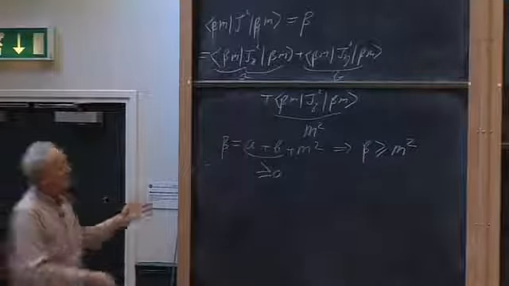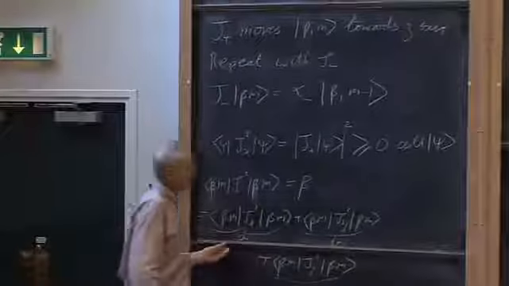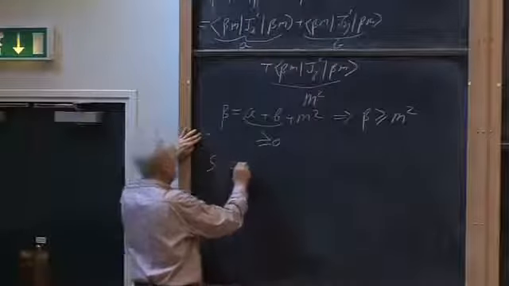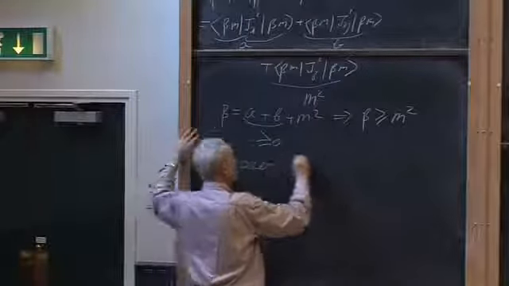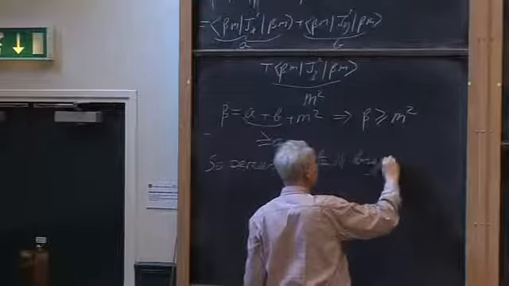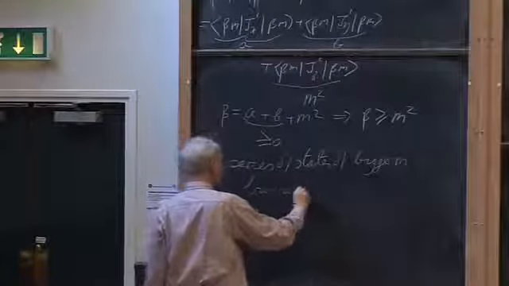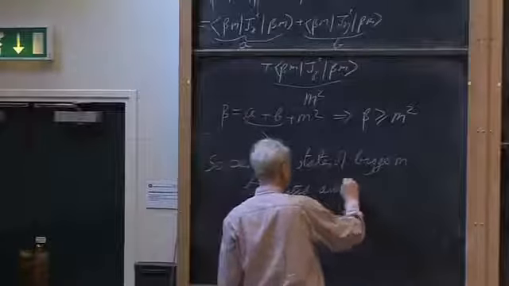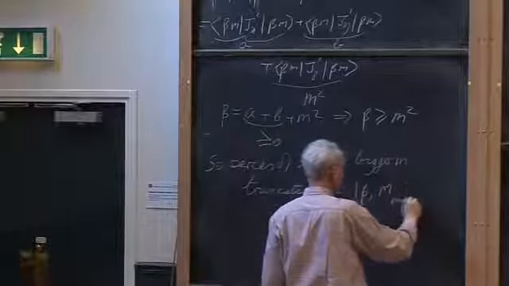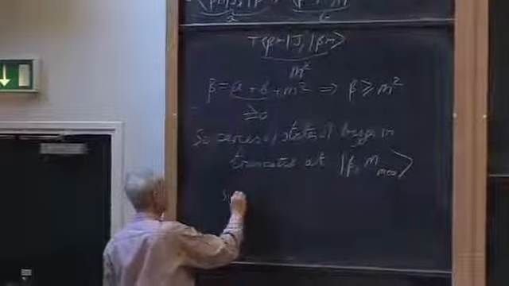Something has to give, and it's just like the harmonic oscillator. What gives is that eventually the series of states of bigger m is truncated at beta m max, for maximum value of m, such that, how does this happen?